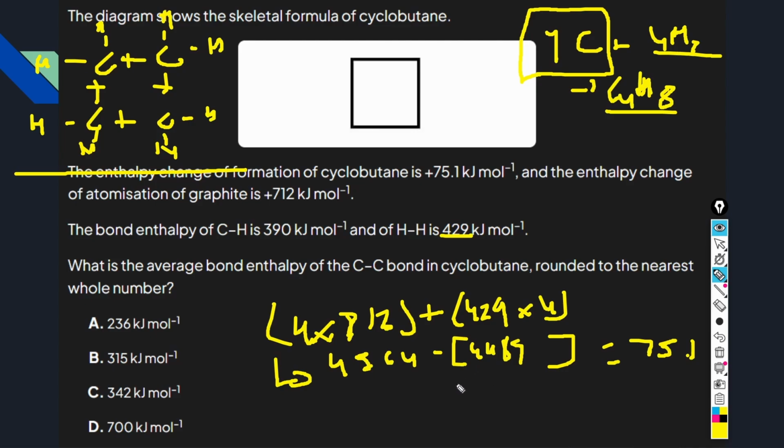So we need to subtract that from this value: 4488.9, which was the actual value, minus 8 times 390, which gives us 1369 as a total, rounded. If we divide that by 4, because there are 4 bonds, this gives us 342. So the answer here would be C.